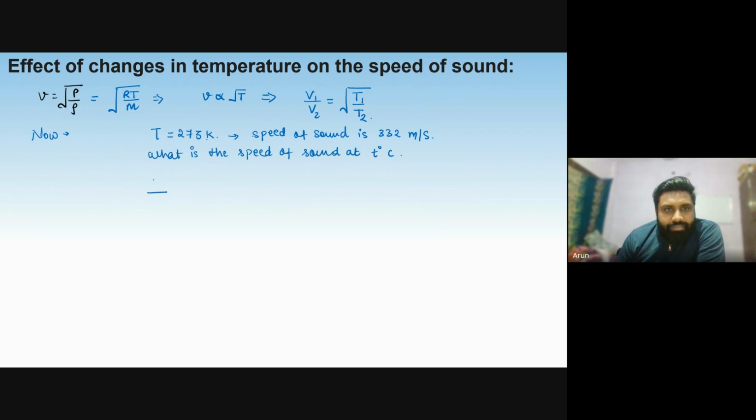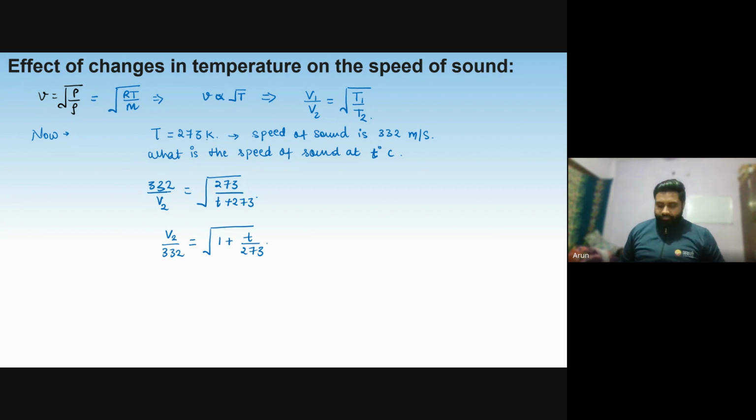Initially, the speed is 332, so 332 divided by V2 equals the square root of the ratio, where 332 is the speed we have at 273 Kelvin. Now V2 we have at T2 degree Celsius, and T2 here is given as small t, so we can write it as t plus 273. If you invert this, it will become V2 upon 332 equals the square root of 1 plus t upon 273.